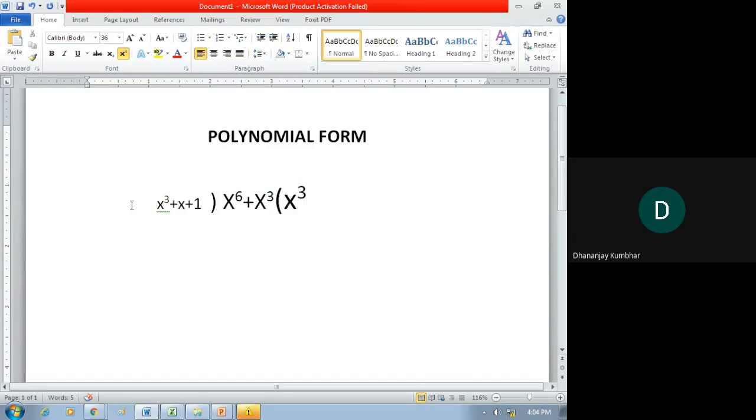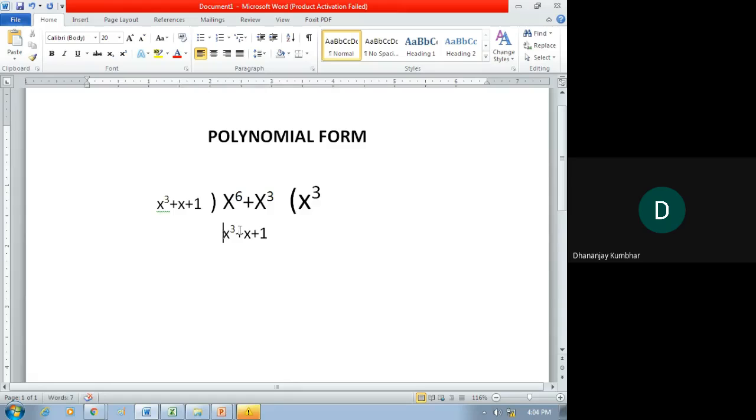So if we multiply this divisor by x raised to 3, you will reach x raised to 6, right? So what we will do here is we will copy this and paste here.